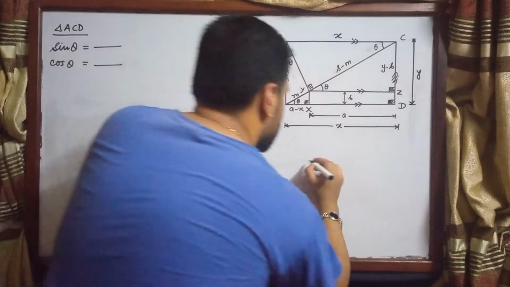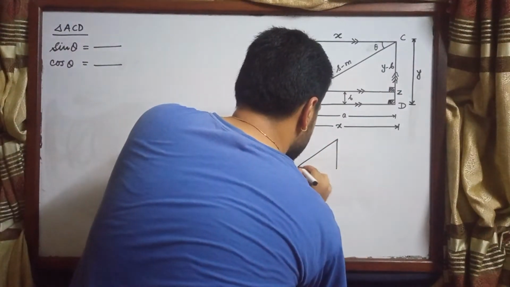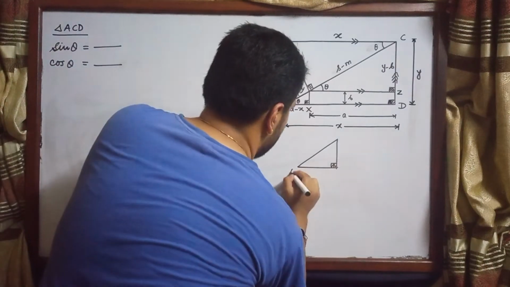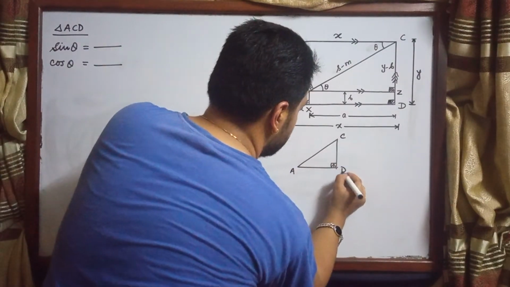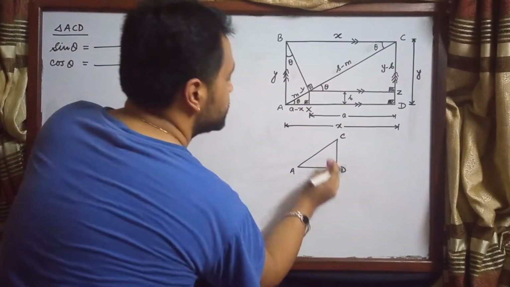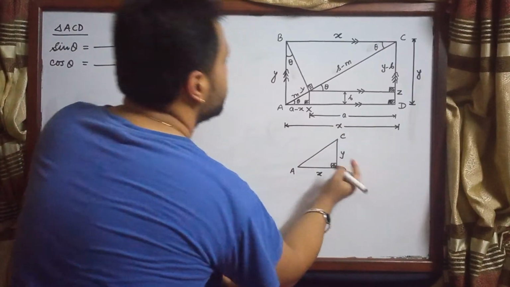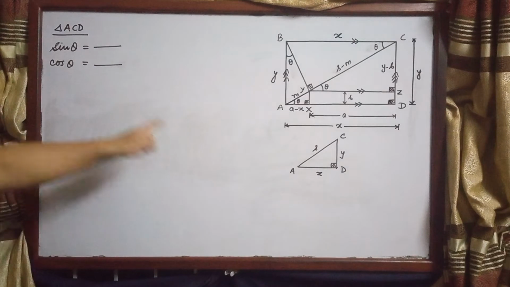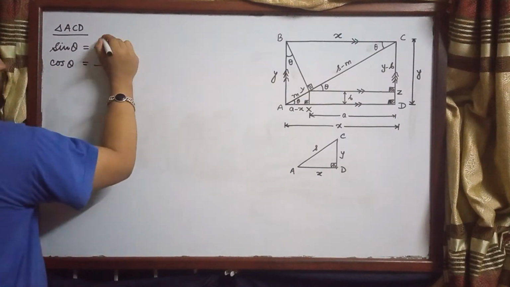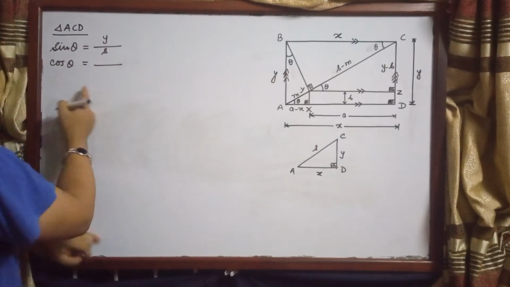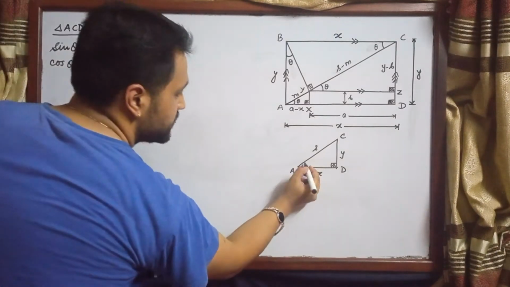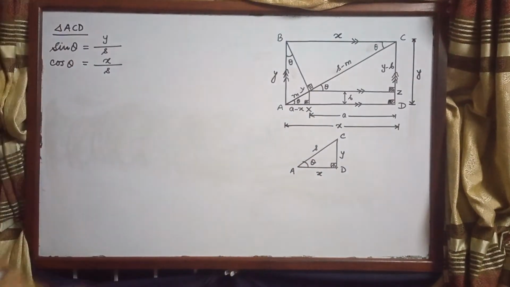In triangle ACD, this was X, this is Y, and this whole diagonal was S. So sine theta is equal to Y over S, and cosine of theta means X over S. This was theta.